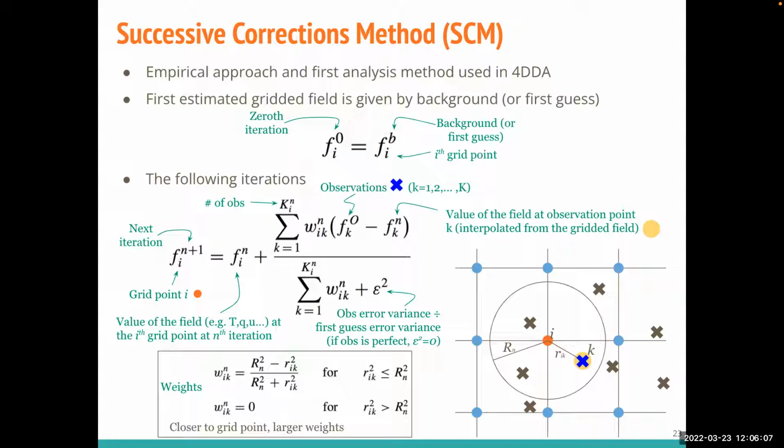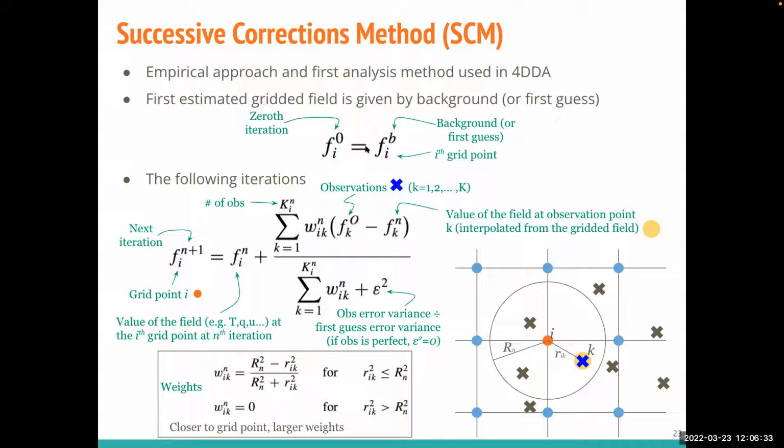not just computer, you can calculate by hand, but it's like some steps you follow so that your data here will be your first guess. The data here will contain the information around you, the station here. Okay, so how do we do that? First, we estimate the gridded field, which is given by the background here.